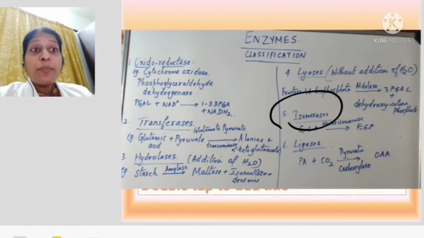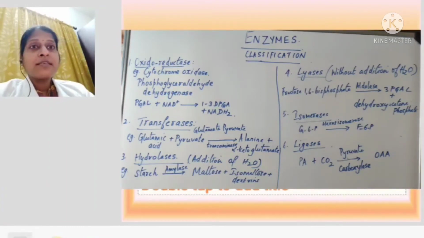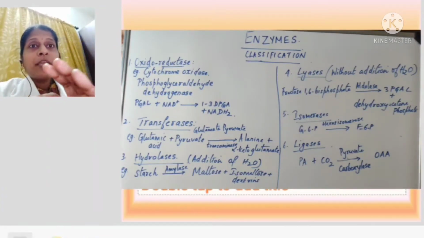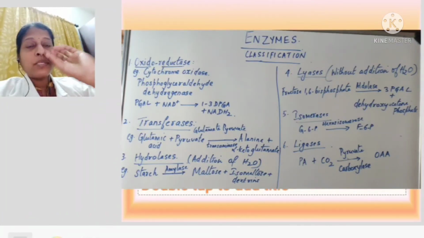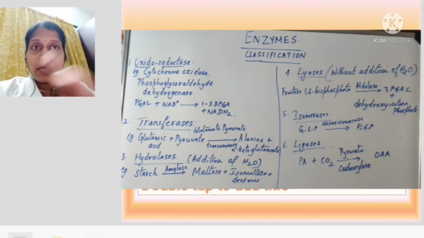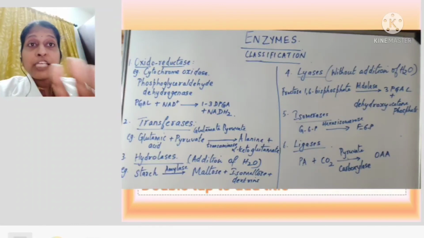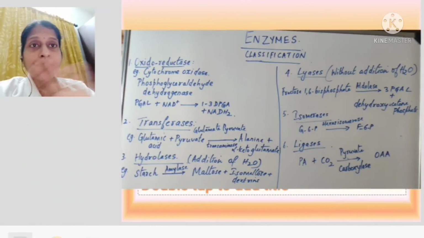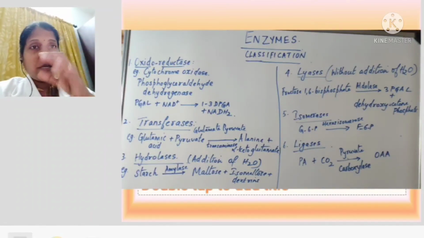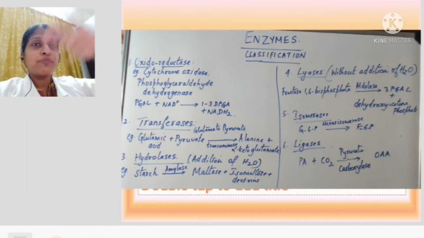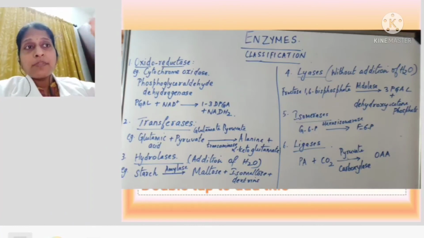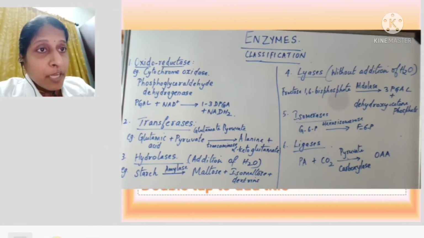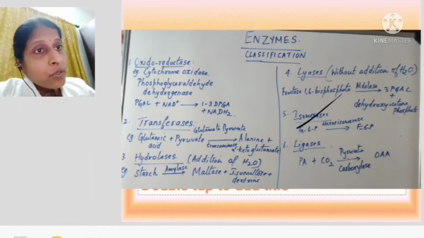Next is isomerase. What do you mean by isomerase? Isomerase means one form of compound is converted into an isomer form of another compound. Like isomers, the molecular formula will be similar, the structure will be somewhat different, the arrangement of C, O, H will be different, but the formula is totally the same, like fructose 6 phosphate and glucose 6 phosphate.